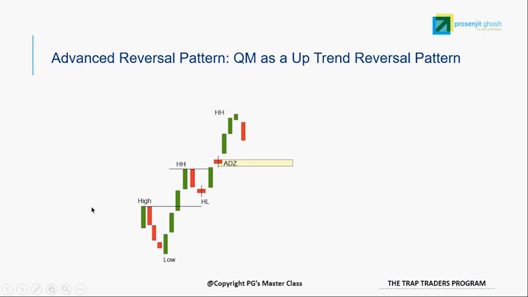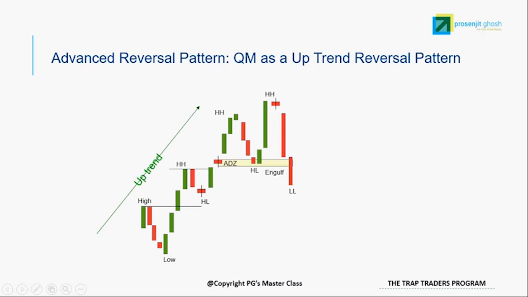Then price comes down, tests the authentic zone and then creates a higher low, moves up, creates a higher high. Then price comes down, engulfs the higher low. By this, it creates a lower low here. LL means lower low.